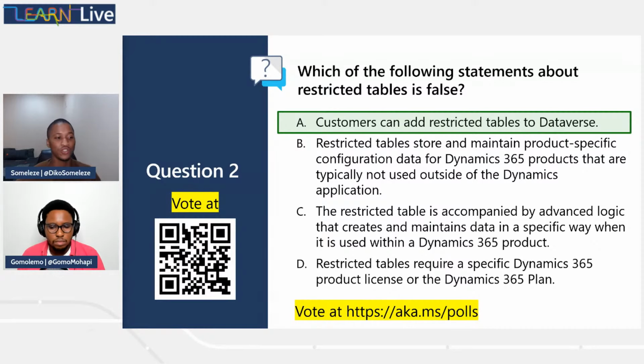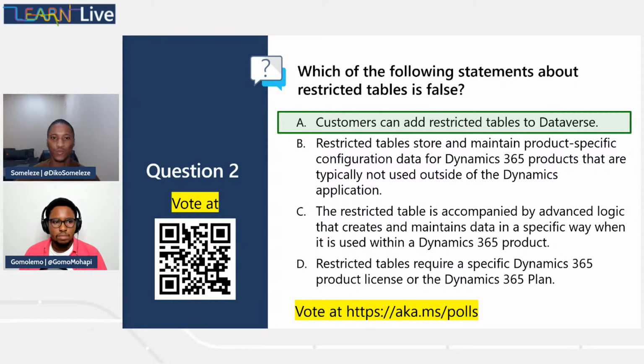Here it says which of the following statements about restricted tables is false, whereas I just thought it was asking which statement is true. So I got the answer wrong, but it was actually looking for the wrong answer in the first place, and I gave the correct one. So each and every time you do these questions and this knowledge check with us, make sure that you read the question correctly.